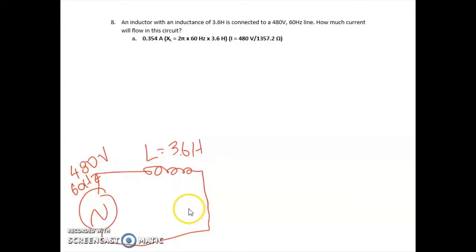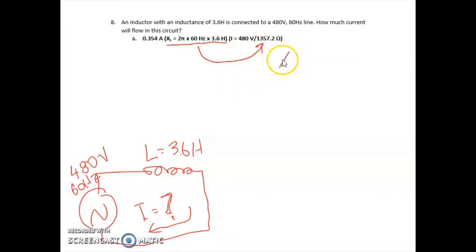And the question is asking for current equals what? So we have our formula here for inductive reactance. If we do this math, we get this number right here.